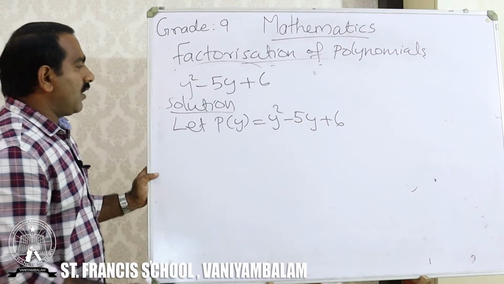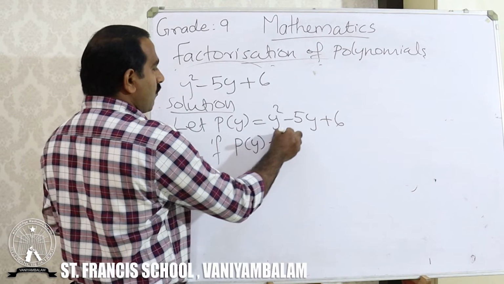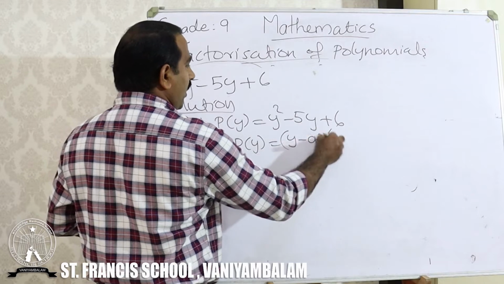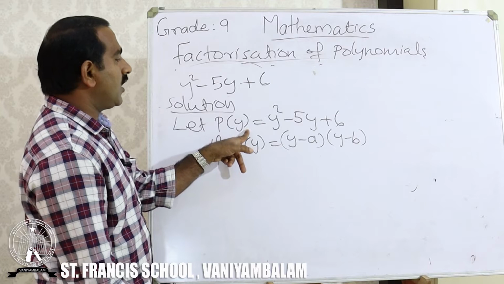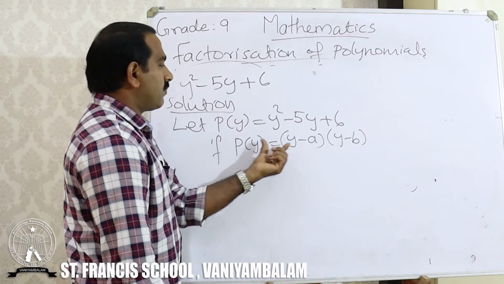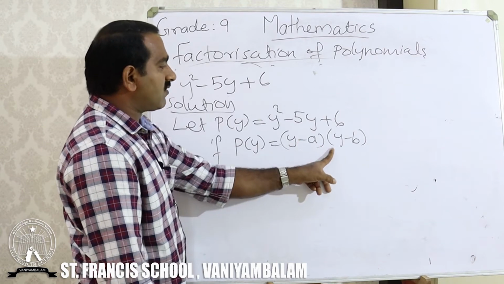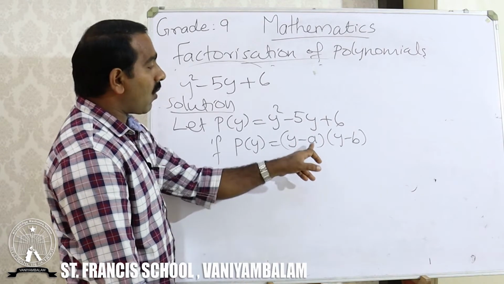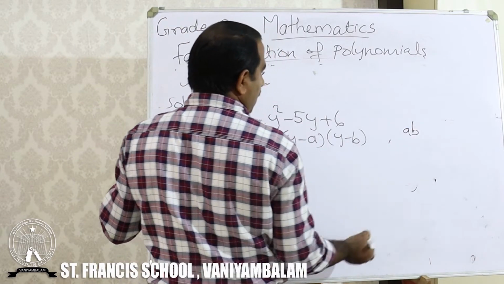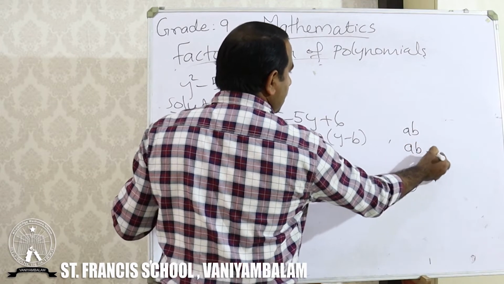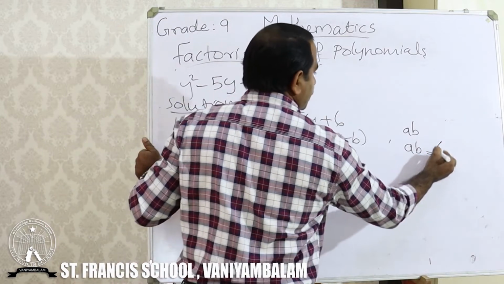If the polynomial p of y can be written as y minus a into y minus b, then you know the constant term will be ab. So ab equal, what is the constant term in the question? The constant term is 6.